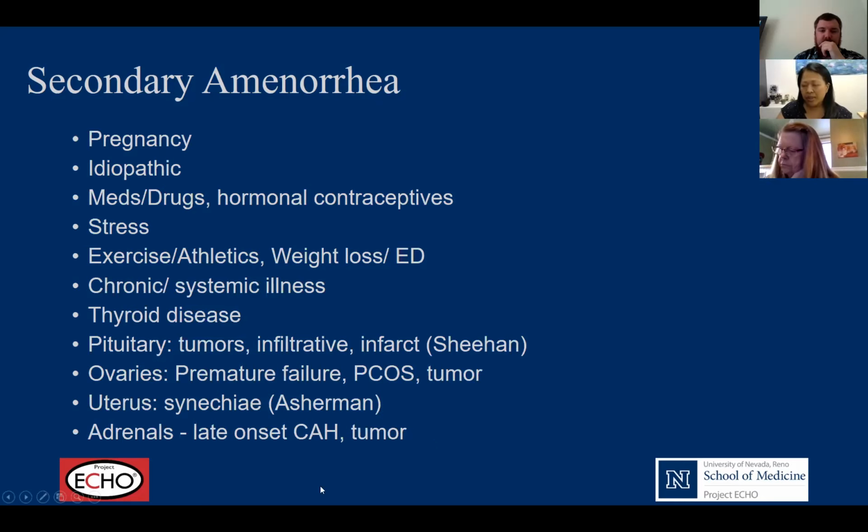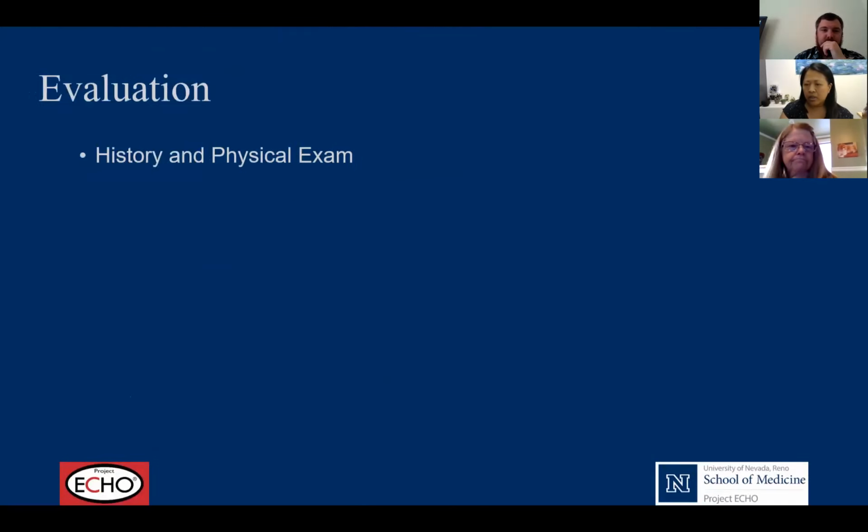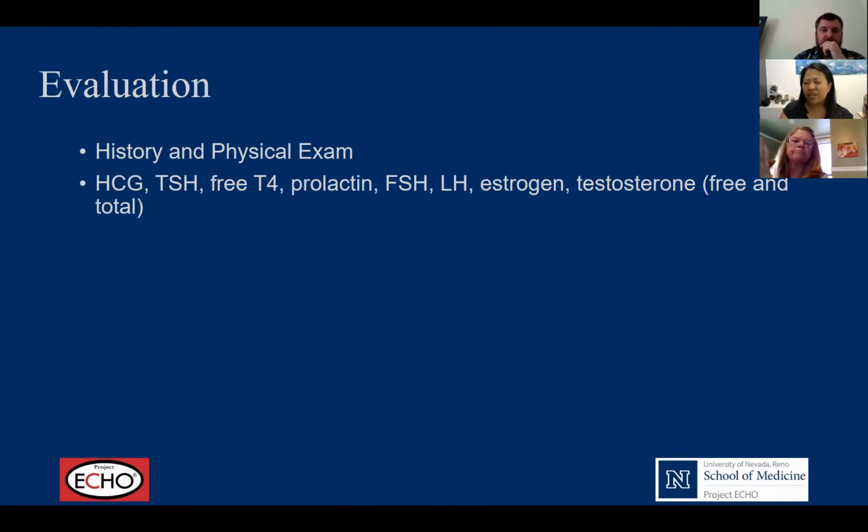And then, all these other things are in common with primary amenorrhea. We'll talk a little bit more about late onset congenital adrenal hyperplasia in upcoming slides. Okay, so this is going to get repetitive. So hopefully this sort of reinforces the things that we're talking about. Evaluations, history and physical exam, the hormonal labs are essentially the same.